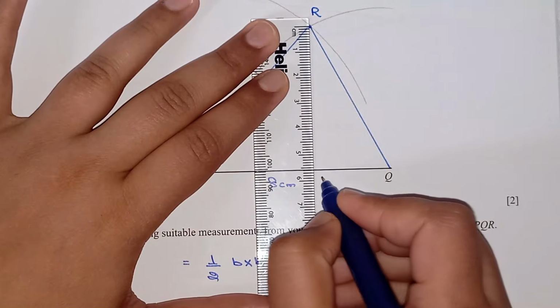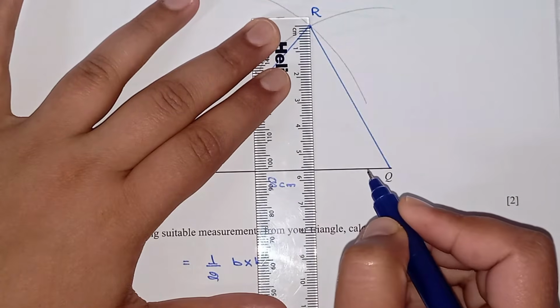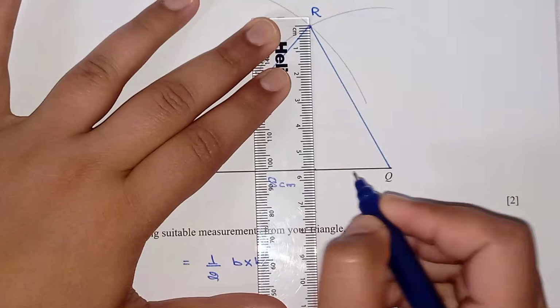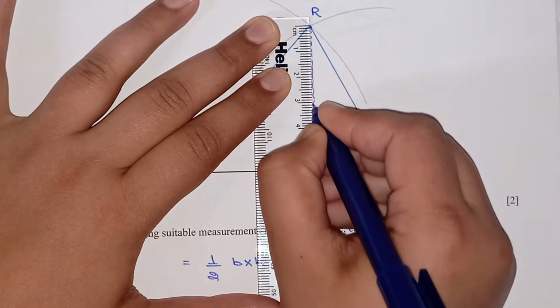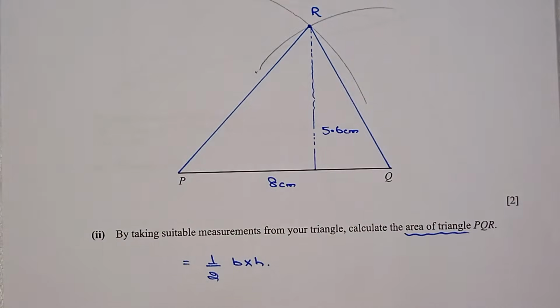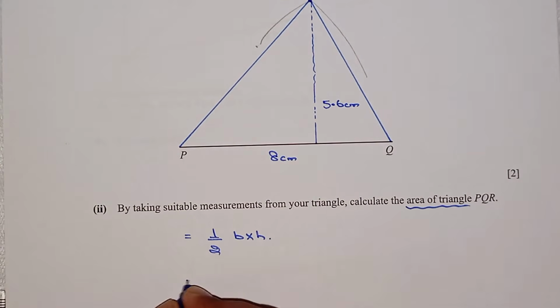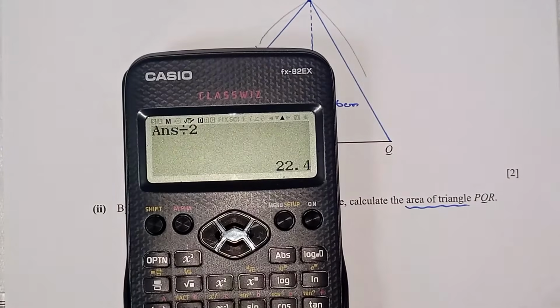This is 5.6 centimeters. Now let me substitute it: 1 by 2 times 8 times 5.6. This would be the area. 8 times 5.6 divided by 2 would be 22.4 centimeters squared.